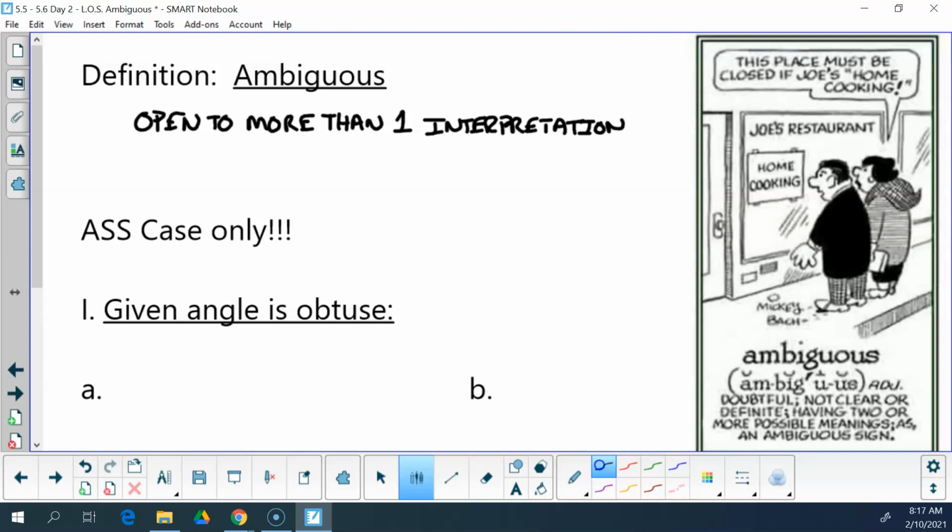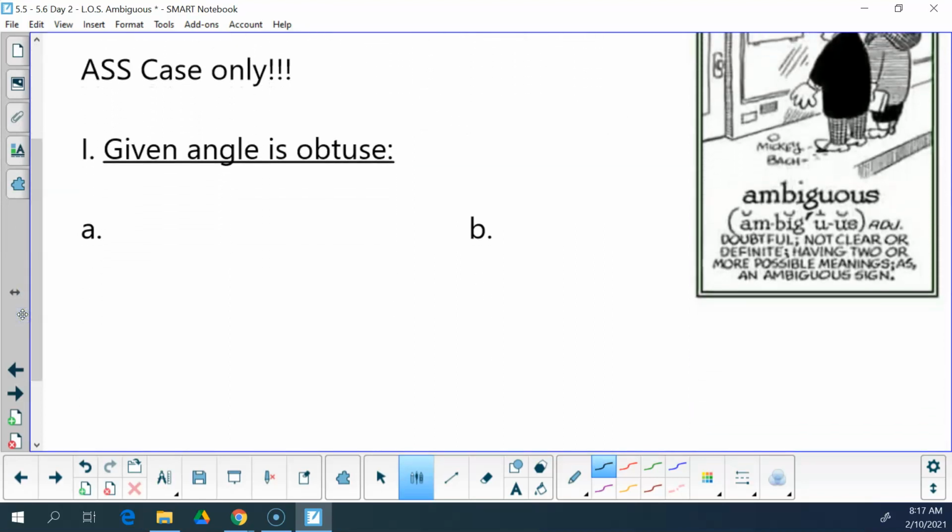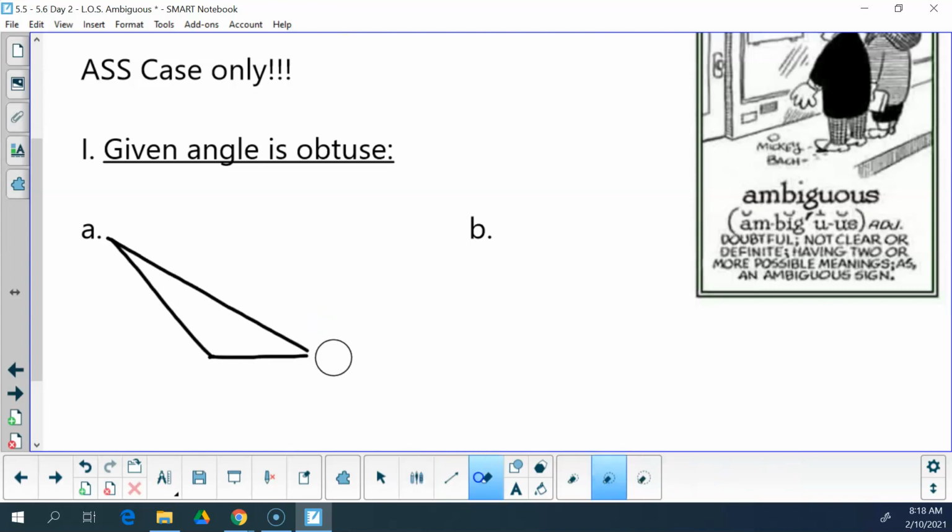So the first condition is we look off of the obtuse angle. Now we're going to have a bunch of different scenarios here, and so you're going to have to write most of these down. So if I'm given an obtuse angle, much like this, here would be my given angle.